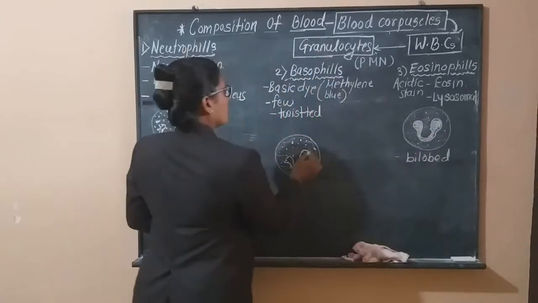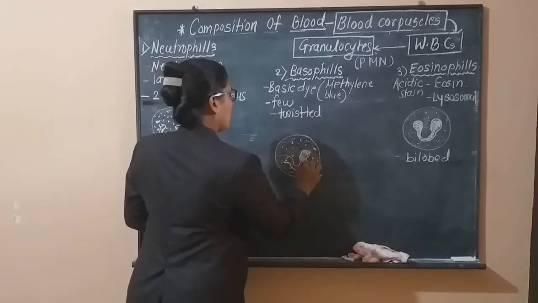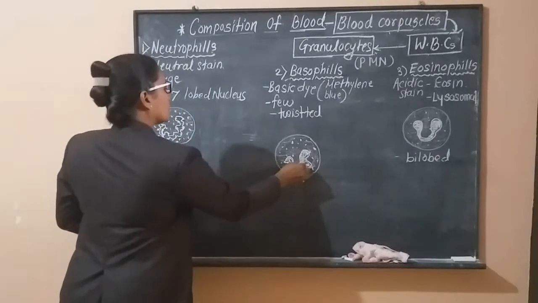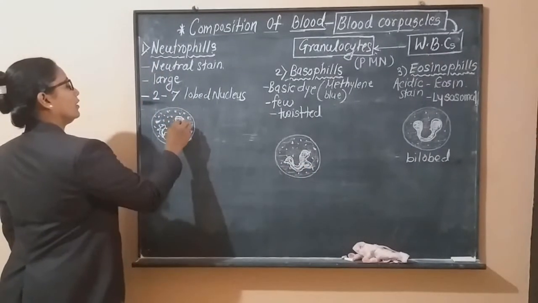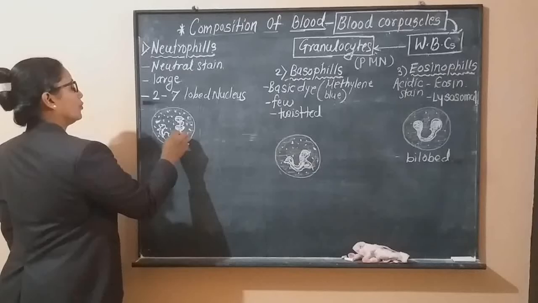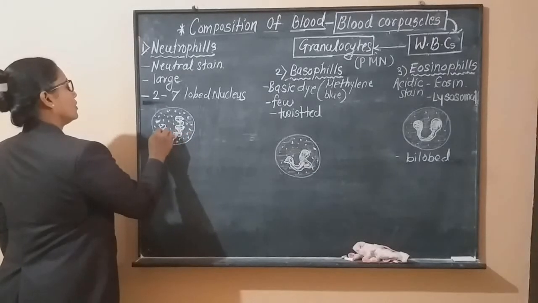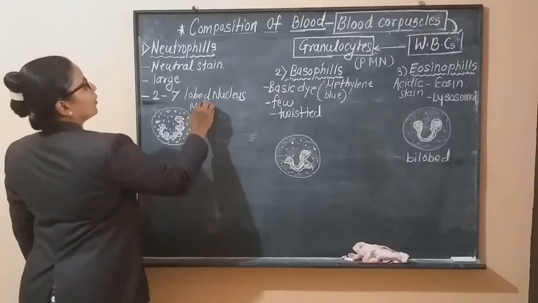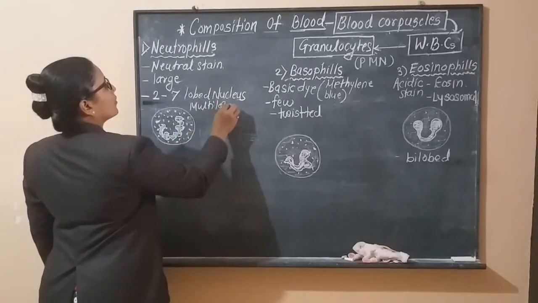Such nuclei are observed in case of the granulocytes. If you observe the neutrophil, the nucleus is 2 to 7 lobed, or it is also called multi-lobed.